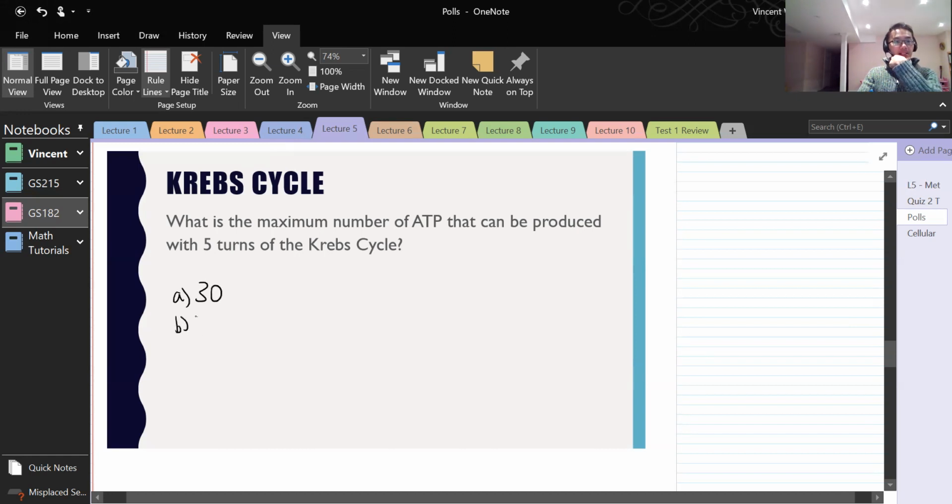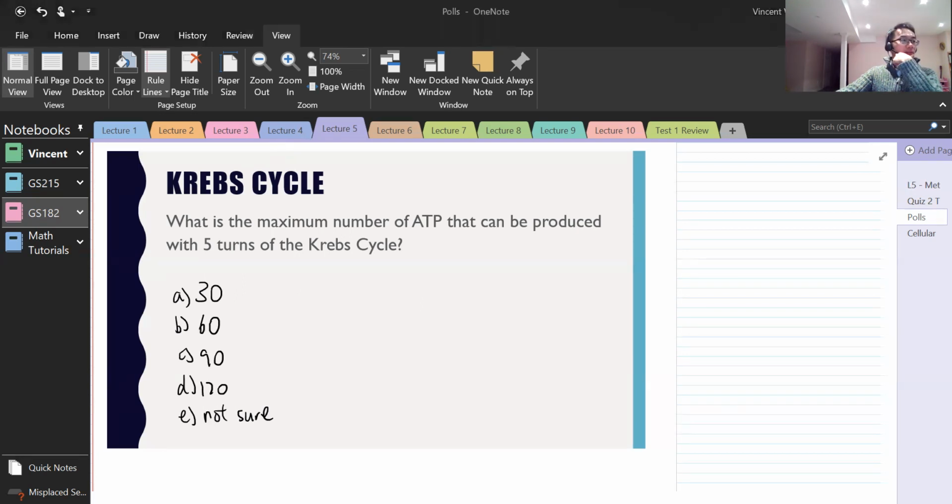We have people saying 60. Anyone else? You know what? Why don't we just go 90, 120, and then not sure, I guess. Let's change this into a poll. What if you get this question on the test? What are you going to choose?